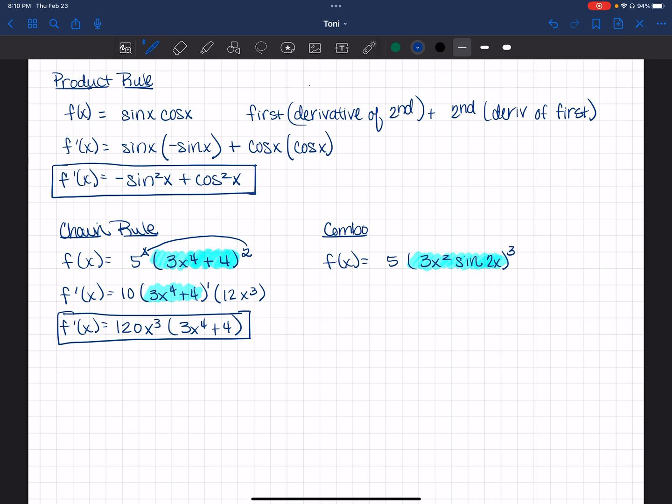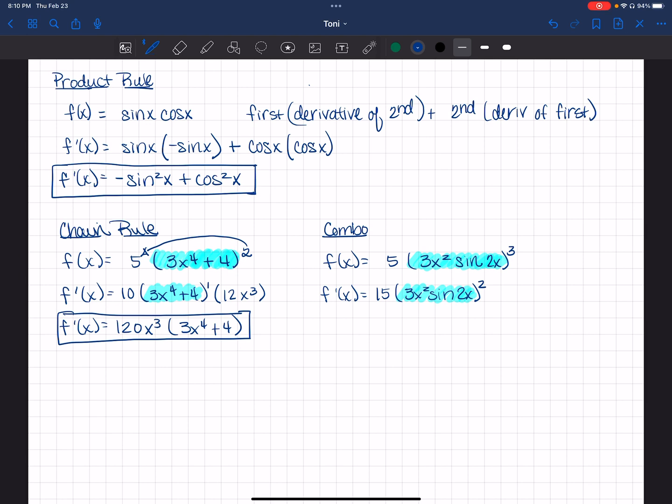So I'm going to say f prime of x is going to equal 15, and then my blue chunk, right? 3x squared sine of 2x, all of that squared. All right. Now I'm ready to move on to the inside part.